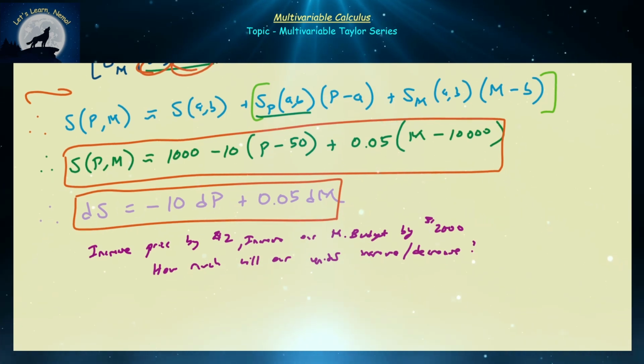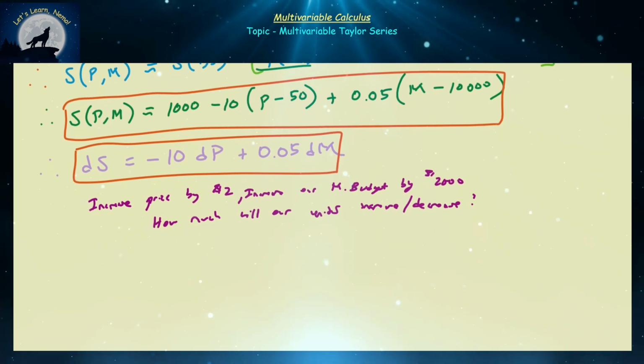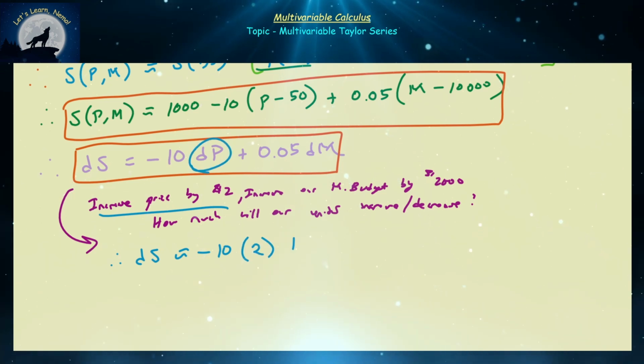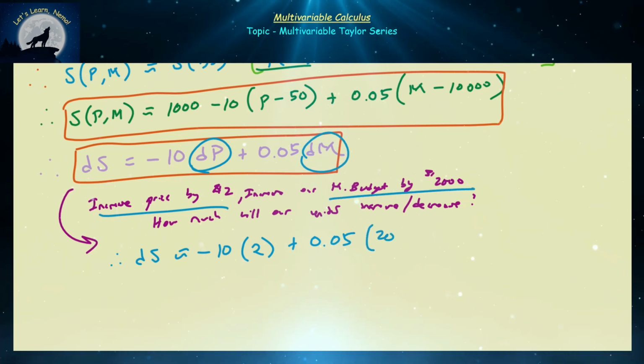This equation can help us answer that question. So using this relation, we're going to have that dS will be approximately equal to, at least from our first order approximation, minus 10 times the change in price. So our price is going to increase by 2, so dp will be equal to 2. And then our marketing budget, dm, will increase by 2,000. So just simplifying that out, that's going to be approximately equal to 80 units.